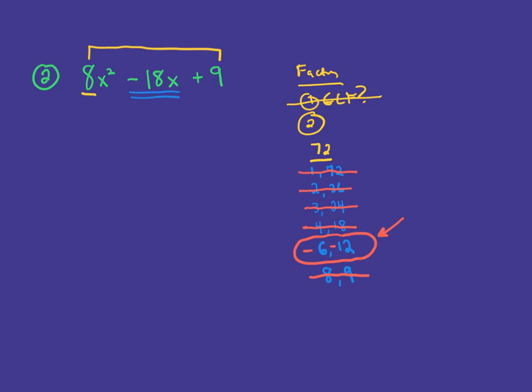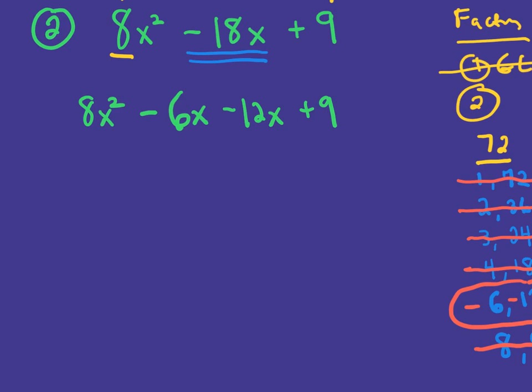So back over here, going to rewrite 8x squared, and then replacing the negative 18x with negative 6x minus 12x plus 9. And then going to group off the first two, group off the third and the fourth, and factor them.